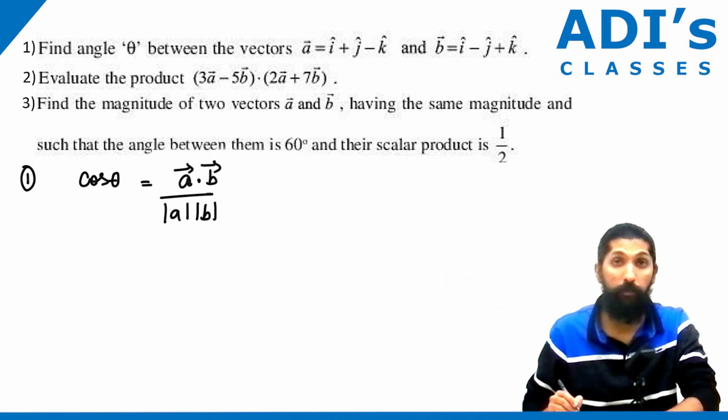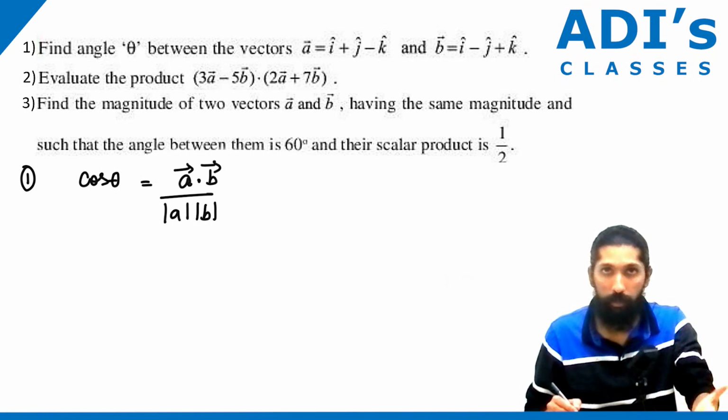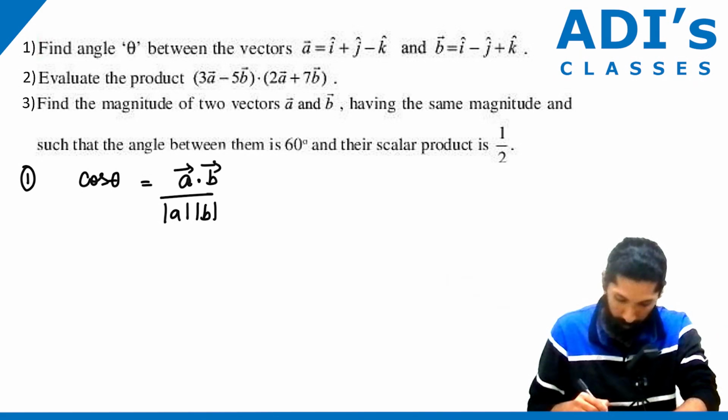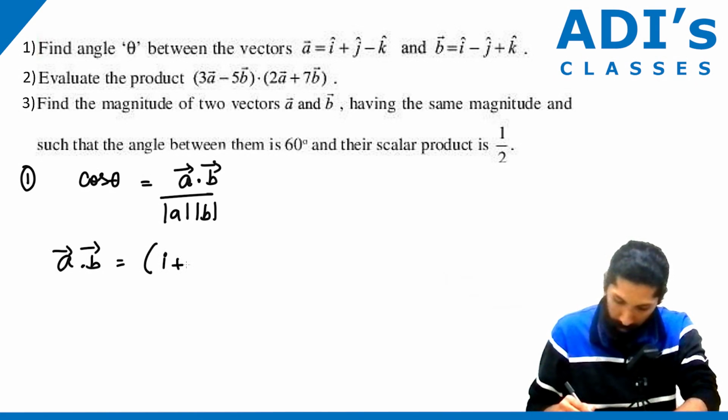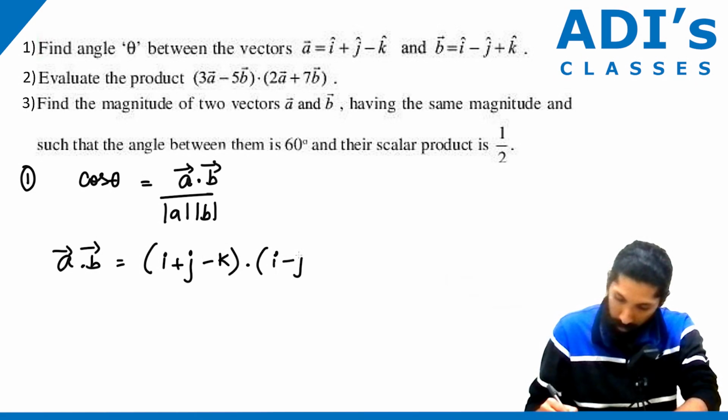Now first we'll calculate vector A dot vector B, and individually we'll try to do everything. First, vector A dot vector B. This is nothing but i plus j minus k dot i minus j plus k.